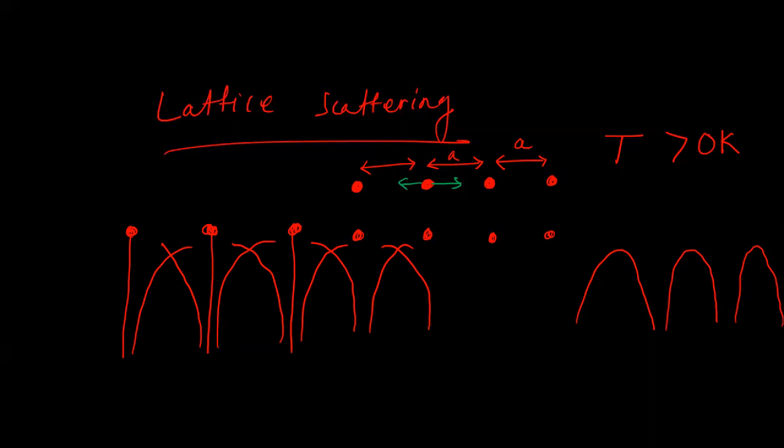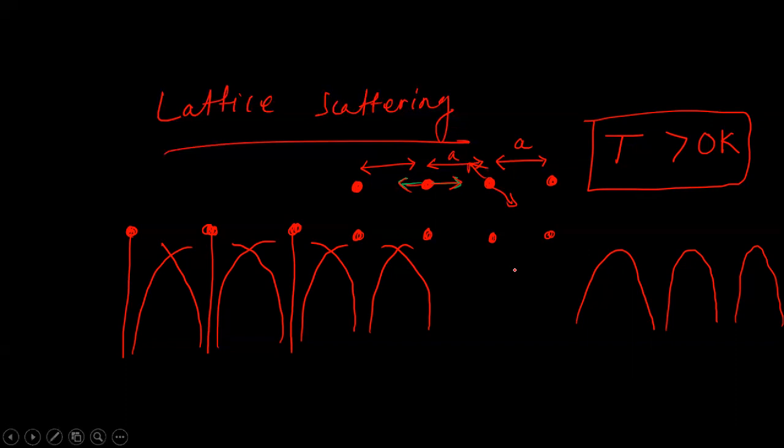A perfect periodic potential in a crystal allows the charge carriers, electrons or holes, to move undisturbed through the crystal, without any scattering. But because the temperature T is greater than 0 Kelvin, these lattice atoms oscillate randomly about their mean position.